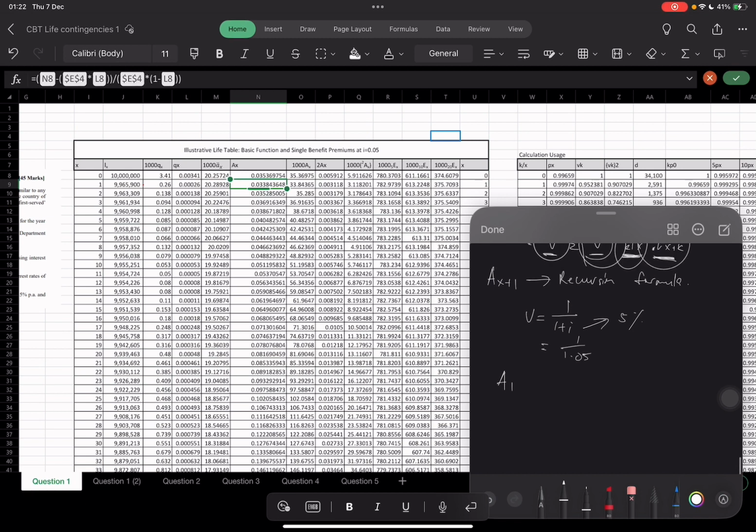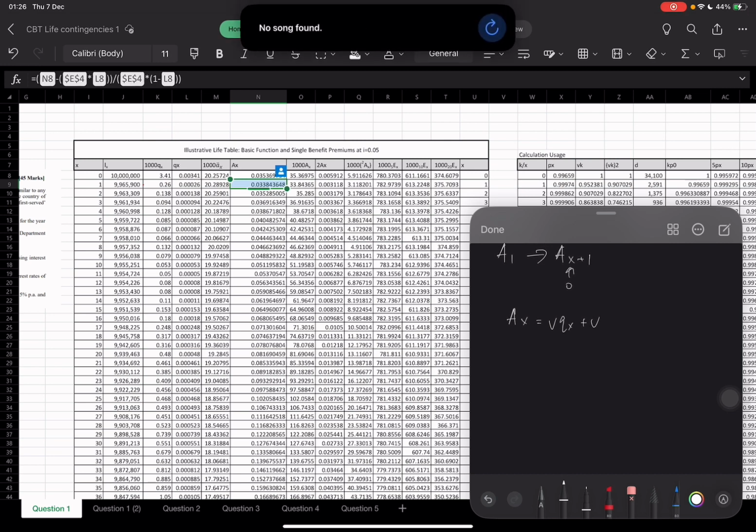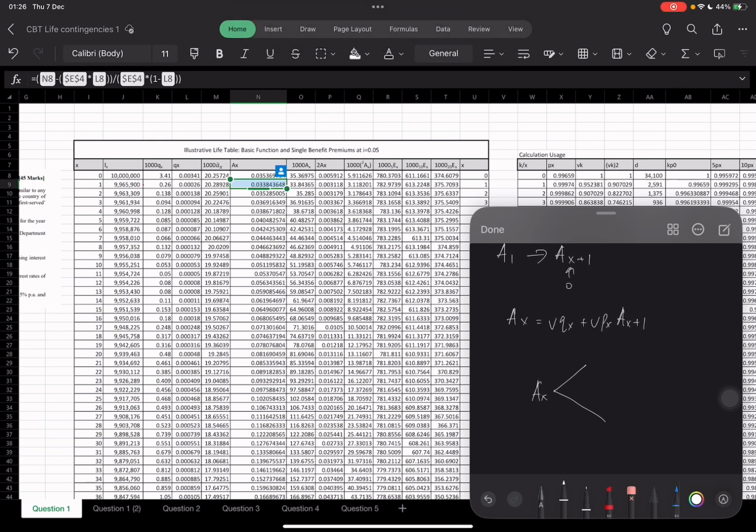For A1, which is A(x+1), the x here is 0. We can use the recursion formula. With the recursion formula, Ax equals v qx plus v px A(x+1). For a person, there are two situations, dead or alive.